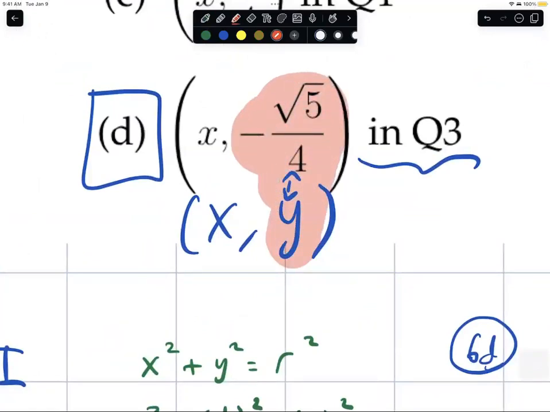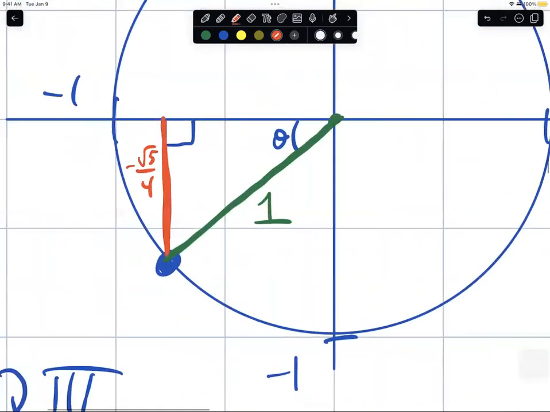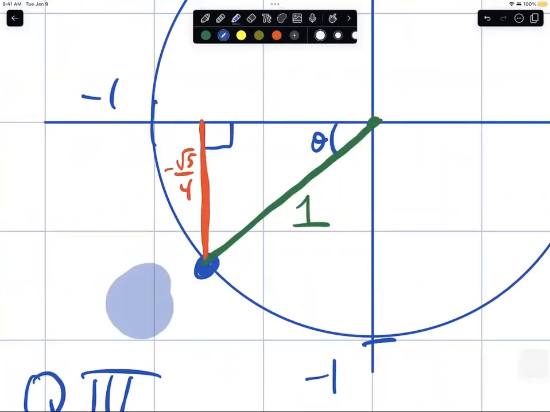This is a point that's given here, and any point that you're given is an x and a y coordinate. Since the second coordinate was given, that's the y coordinate. So the coordinates of this point are x comma negative square root 5 over 4.